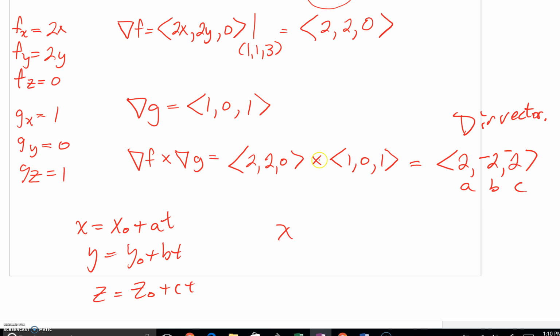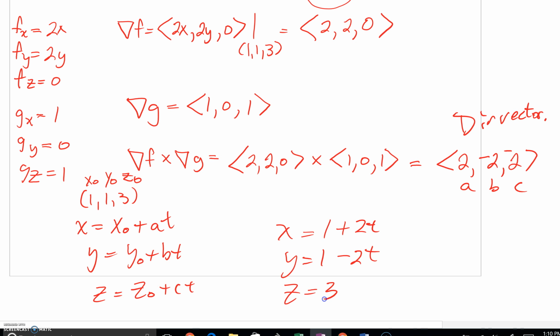So what are we getting? Well, your x naught, y naught, z naught is the point 1, 1, 3. So you should get x equals 1 plus 2t, y equals 1 minus 2t, z equals 3, that's your z naught right here, minus 2t.